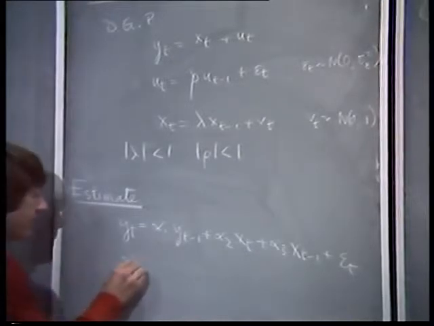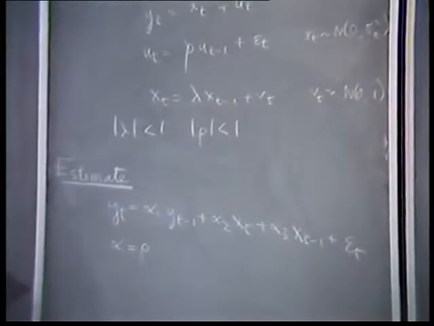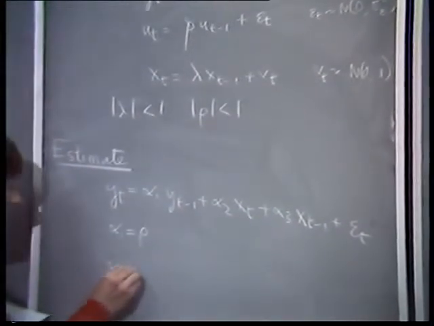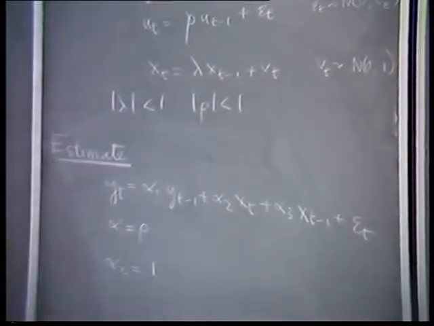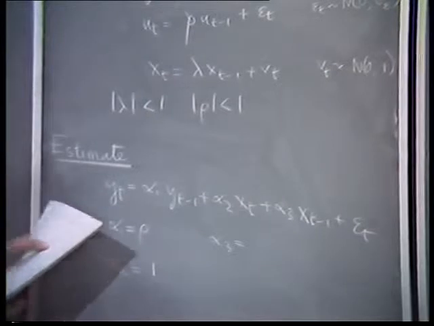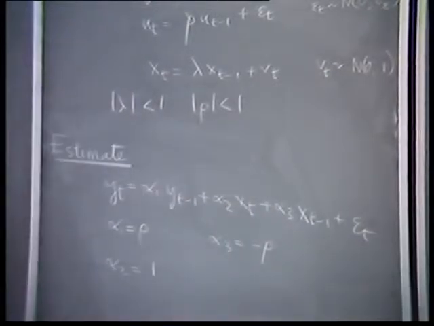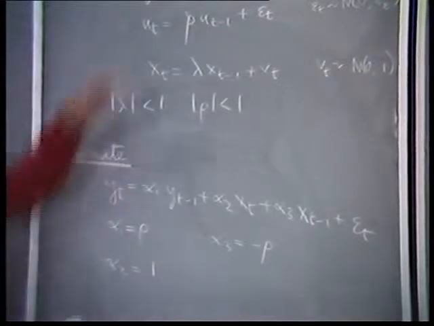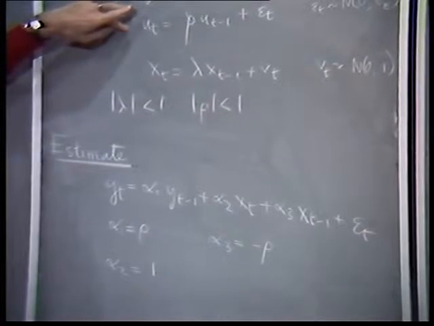The implication of that is that alpha_1 is in fact rho. Alpha_2 we again assume is unity. It's this coefficient here without loss of generality. Alpha_3 would be equal to minus rho if the true data generation process was the first equation and the second.